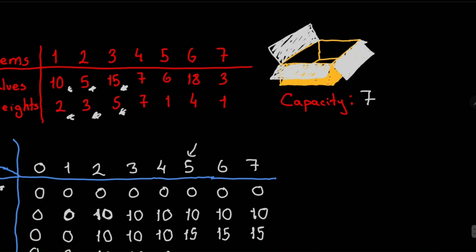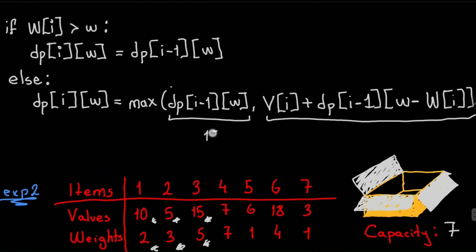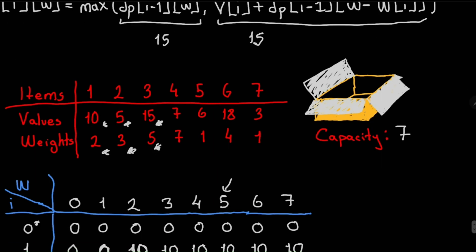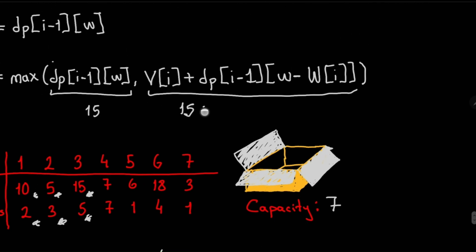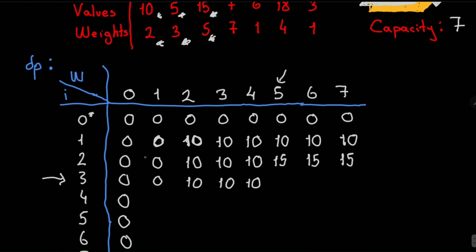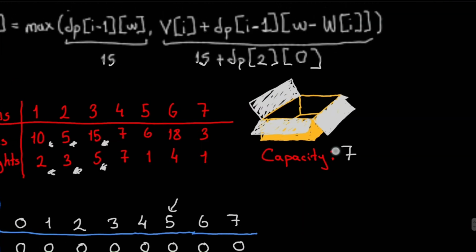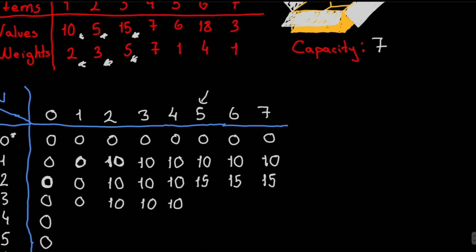The previous row is 15. Yes, 15. The value of the item 3 is 15 as well. So here it will be 2, and 5 minus 5 is 0. So it is right there. Right? Yes. That means that actually we can either take it or not.